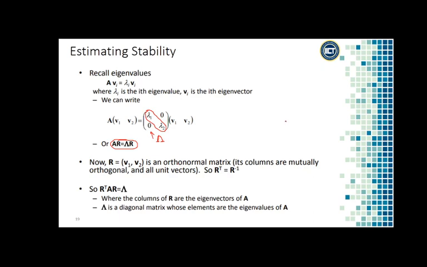So if you have a matrix here, let's say with entries A1, B1, and so on, and we decompose them, we get these vectors.